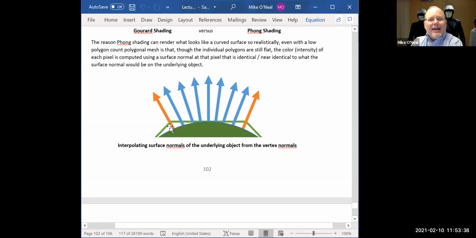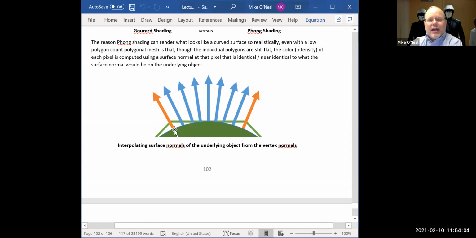But by interpolating the surface normals, I can come up with a surface normal for every point on that polygon where the surface normal is very close, if not identical, to what the surface normal is on the underlying actual cylinder in this case.